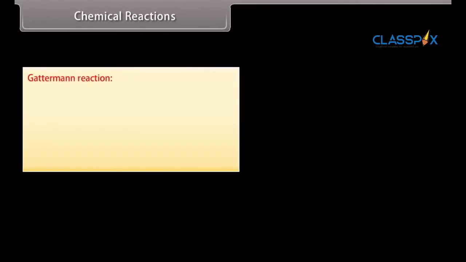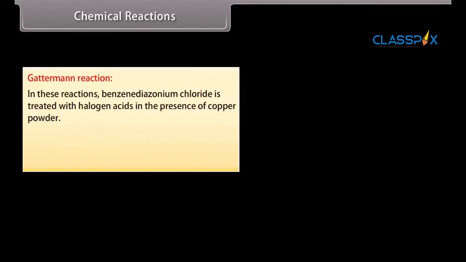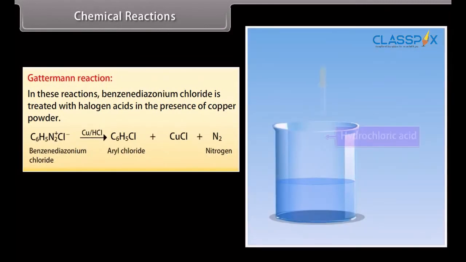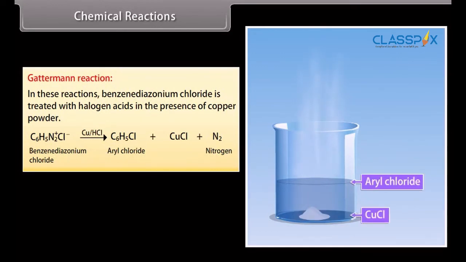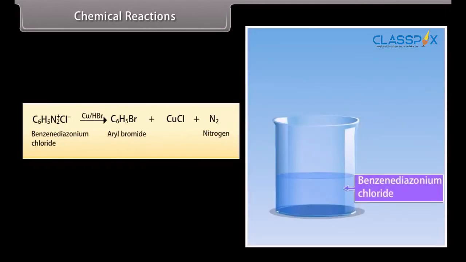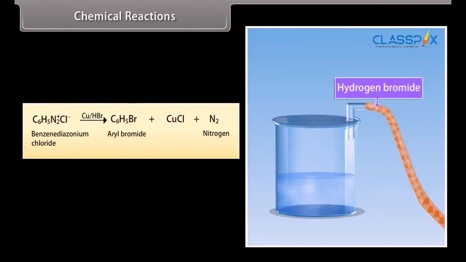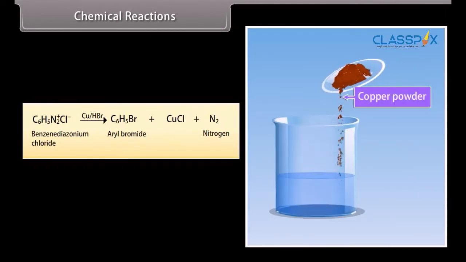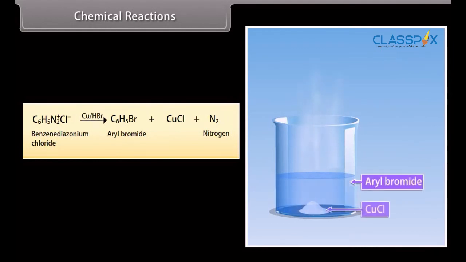Gattermann reaction. In these reactions, benzene diazonium chloride is treated with halogen acids in the presence of copper powder. Benzene diazonium chloride reacts with hydrochloric acid and copper powder, yielding aryl chloride, cuprous chloride and liberating nitrogen gas. With hydrogen bromide and copper powder, it yields aryl bromide and liberates nitrogen gas.